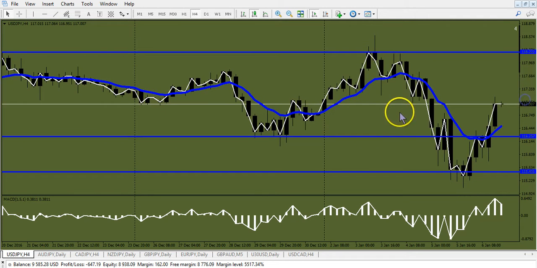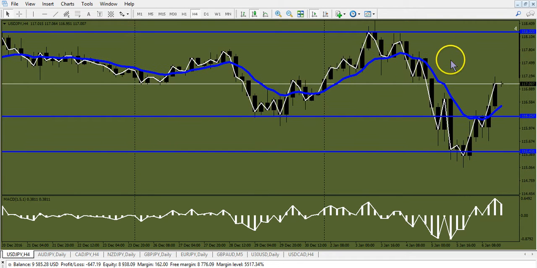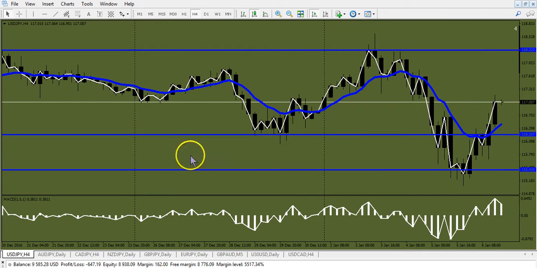So let's see what happens with the markets and in the fair value world. If you consider fair value to be the middle of the road, that's where this ended up closing. So markets close at extremes and they close at the middle of the road.